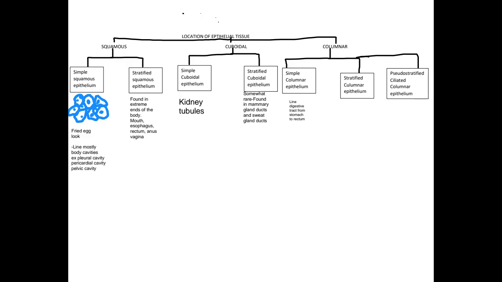The anus will actually have a stratified columnar, and then mammary glands will have them too. We're not saying that these areas have only one type of tissue. There are some areas that have more than one type of tissue. Like your throat, that's called the pharynx, will also have stratified columnar epithelium.